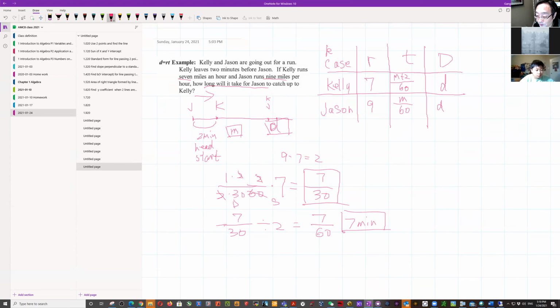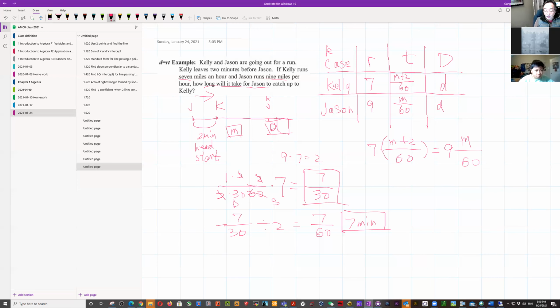This multiplied by this is going to be D, and this multiplied by this is going to be D too. Because there are two variables, D is just a placeholder for us to create the equation. Even though we designed two variables, we can just ignore this, because 7 multiplied by M plus 2 over 60 is equal to 9 multiplied by M divided by 60.